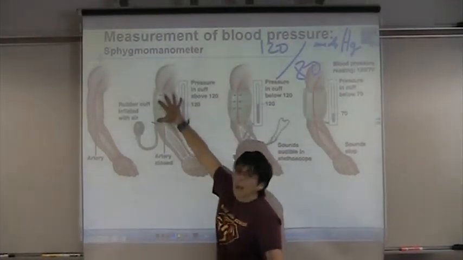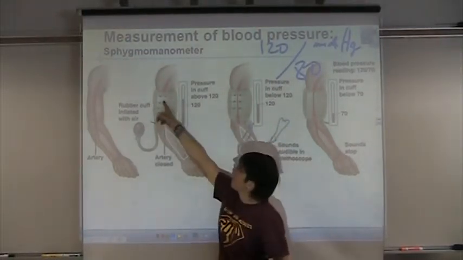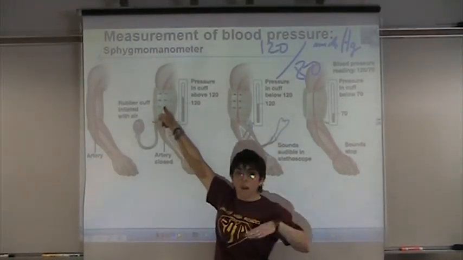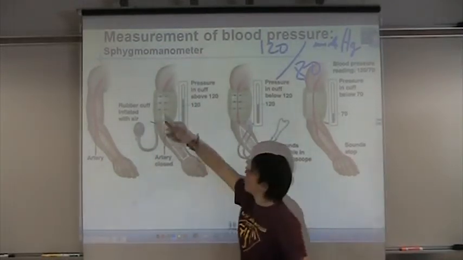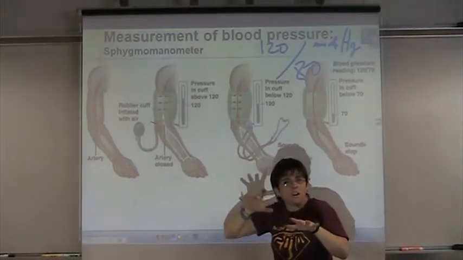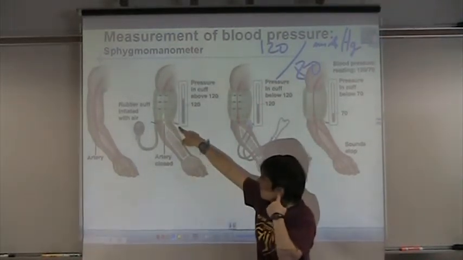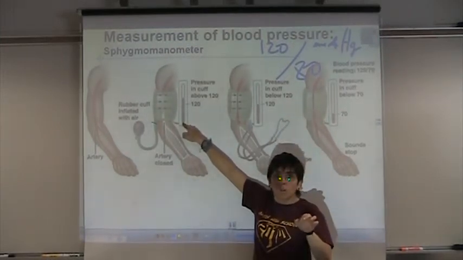So when they put a cuff, basically they squeeze until they block the pass of blood, actually. There's no blood moving through your arteries right there. That's why they inflate it so hard. And then they deflate it very slow while they listen to hear the first time that the blood starts going through it.